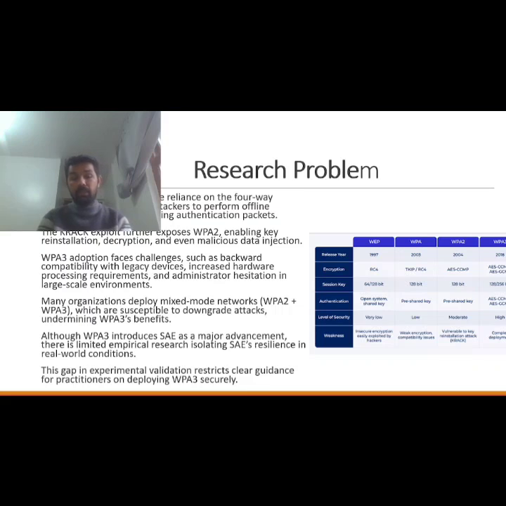Limited empirical testing of SAE also leaves unanswered questions about its real-world effectiveness. This table shows when WPA, WPA2, and WPA3 were released, and compares WEP, WPA, and WPA3.